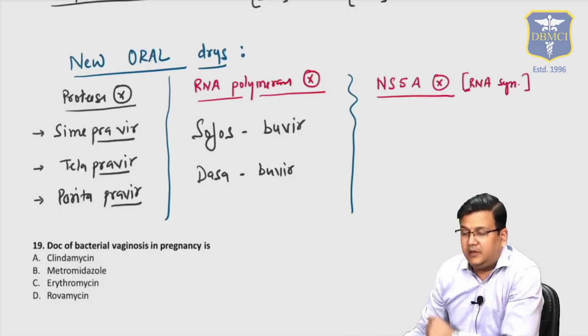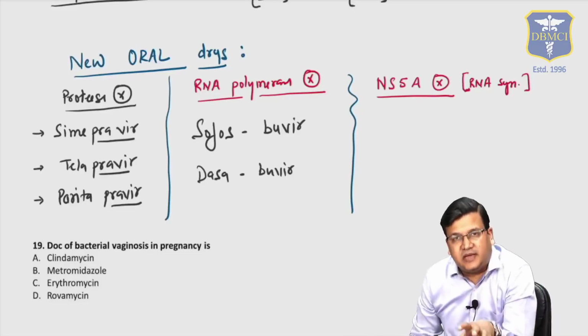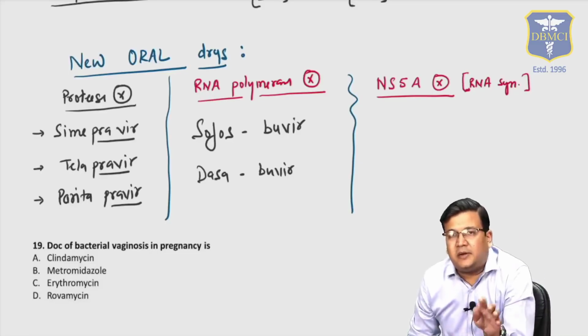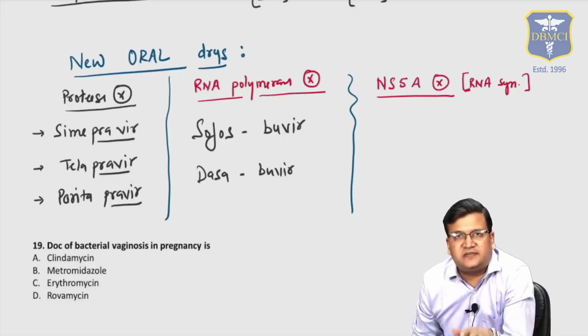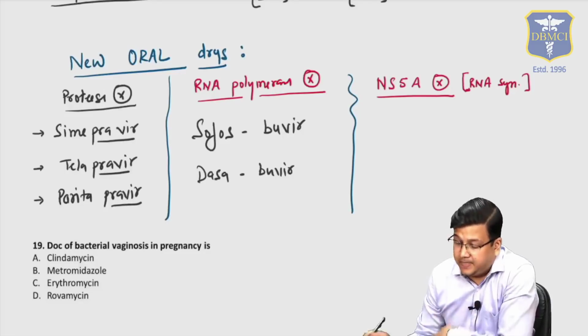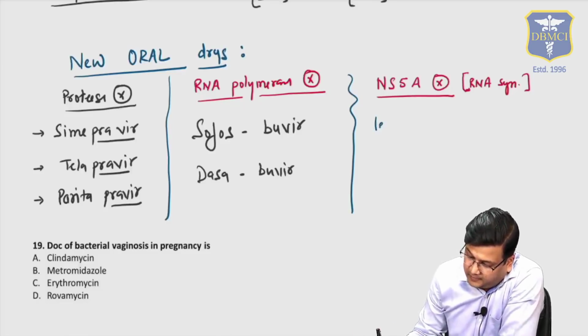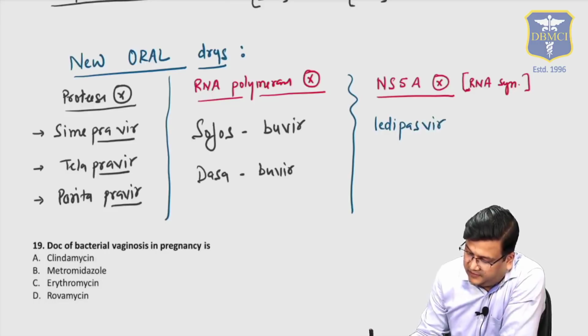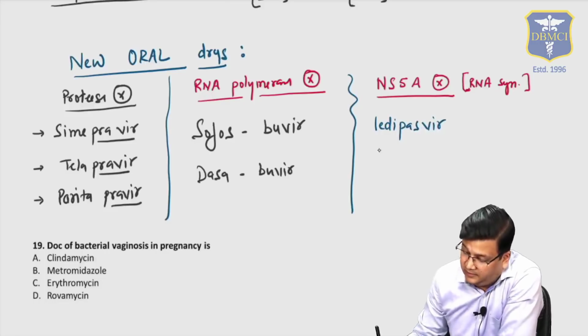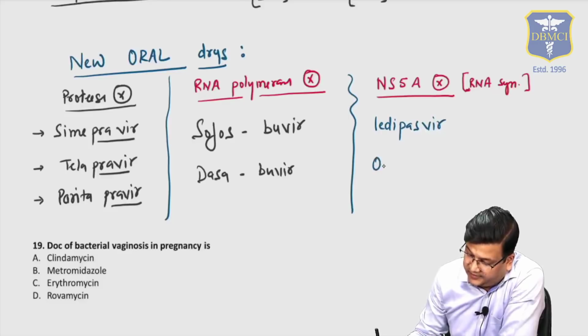This enzyme NS5A is present in hepatitis C, and it is also indirectly involved in RNA synthesis of hepatitis C. So we have developed drugs which inhibit this NS5A, and the first drug in this category was ledipasvir, and a new drug in this category is ombitasvir.